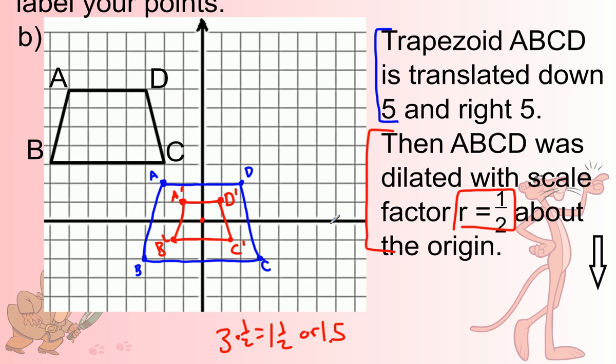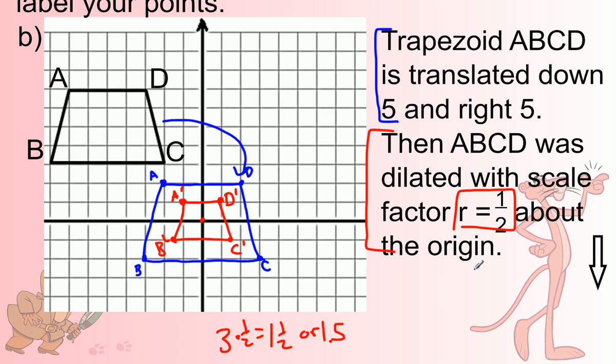And there. So the red shape is the final image, our answer for this problem. I took ABCD and translated it down here. I then took that image and dilated it about the origin with a scale factor of 1/2. So everything is half as big as it was before.